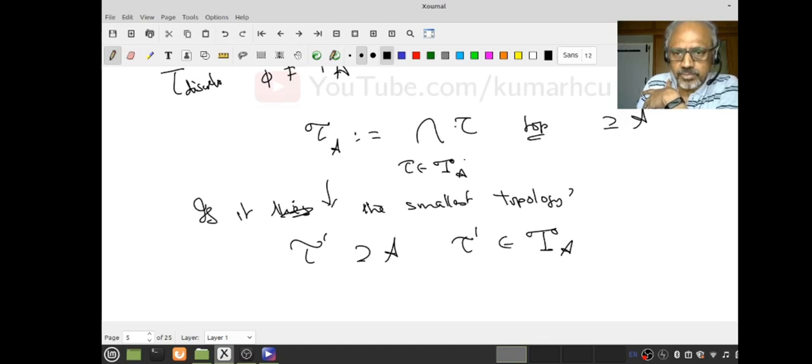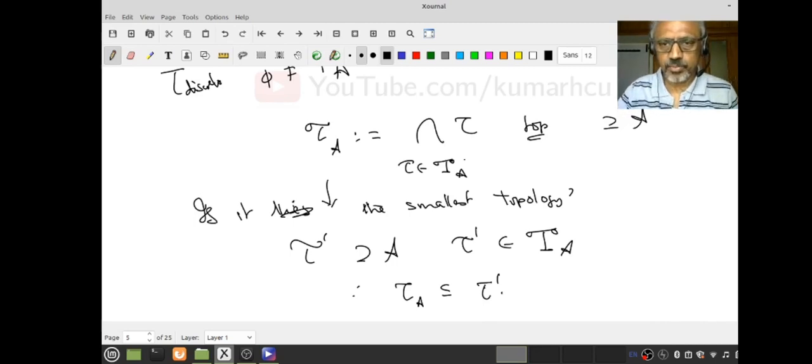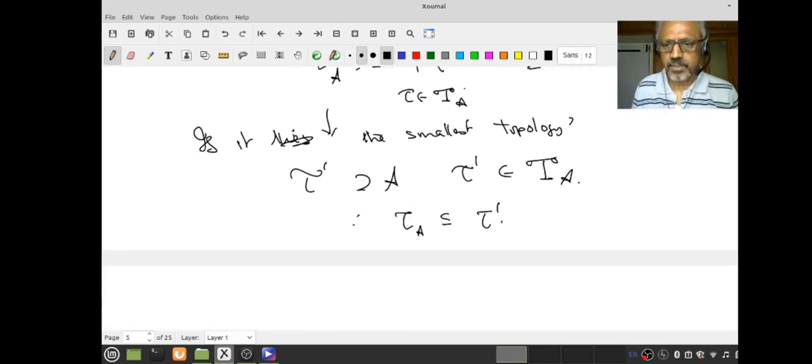Therefore, one of these tau must be tau prime. Therefore, tau A will be a subset of tau prime. Do you understand that? Yeah. Therefore, tau A is a subset of tau prime. So it is the smallest topology. Pause. Review. Proceed.